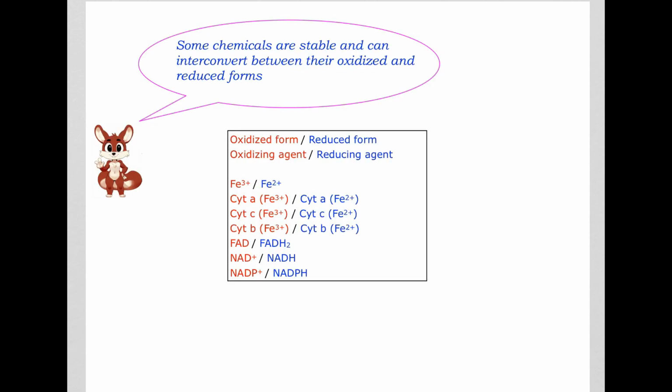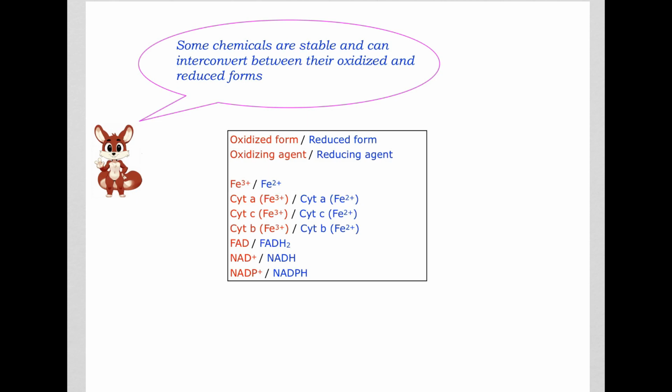So the Fe3+, we can call it either the oxidized form or the oxidizing agent, and the Fe2+, we can call it the reduced form or the reducing agent. The iron atom, which is found in many proteins such as cytochromes, can exist either as its oxidized form or its reduced form. So we see this in cytochrome A, cytochrome C, cytochrome B, as well as several other proteins.